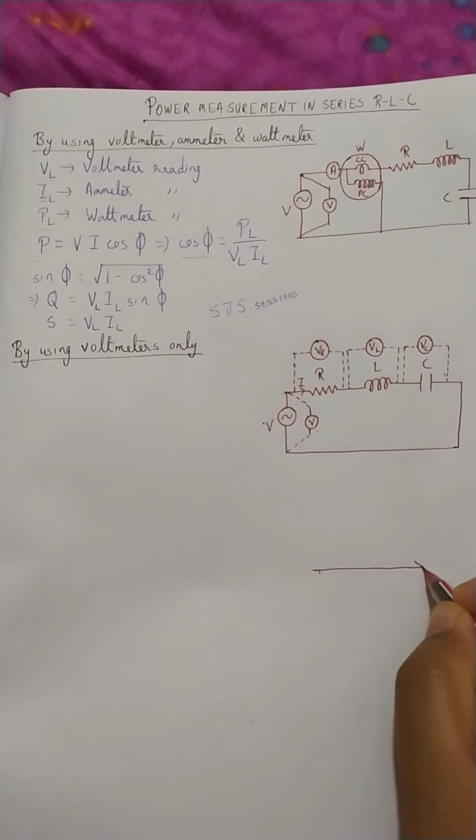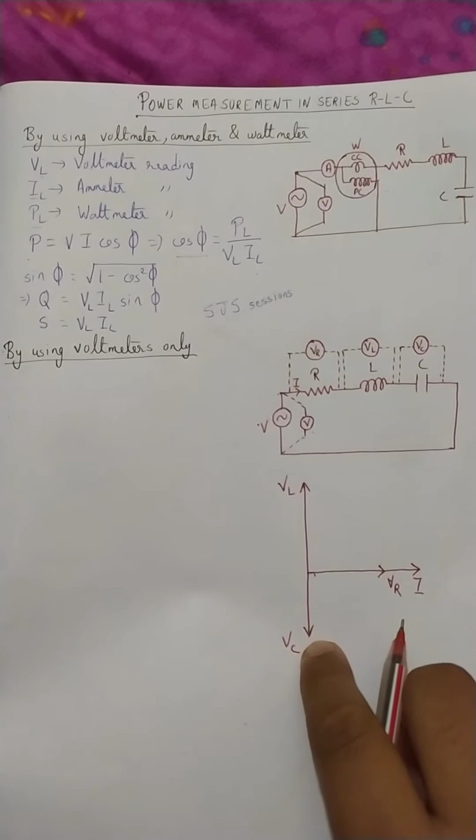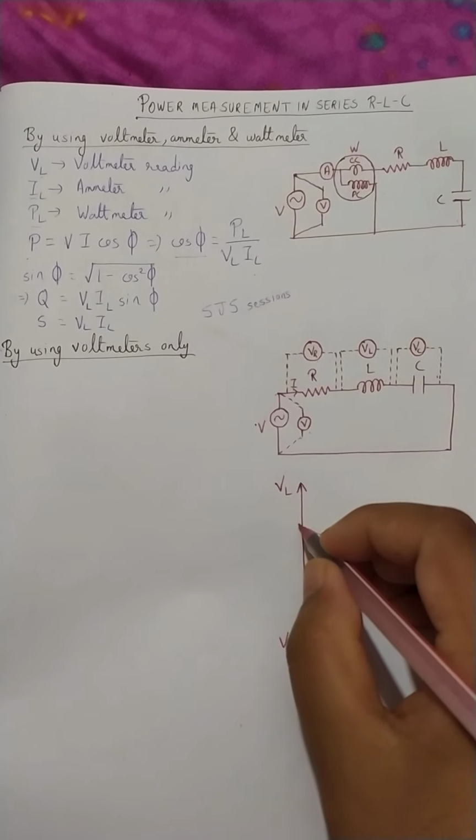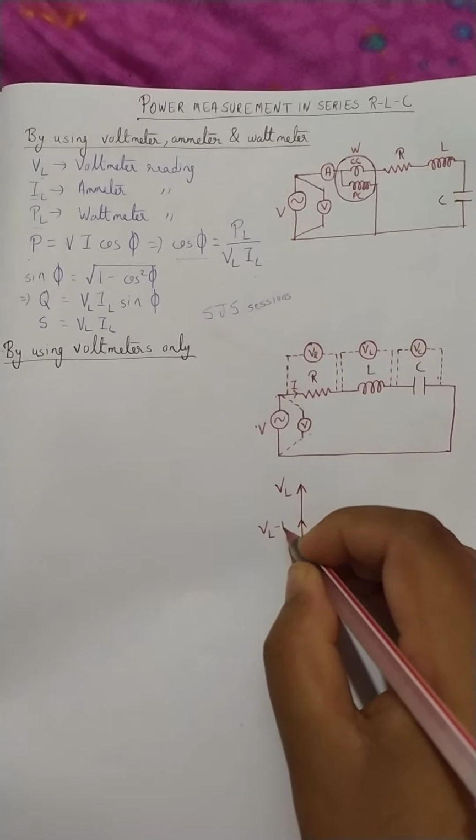And we are measuring VC. VC would be lagging the current, because in a capacitor the current leads, so the voltage lags. Let us suppose VC is of lower magnitude. This is the value of VC we are getting. You can see VL and VC are opposite in direction, so the resultant is VL minus VC. For the sake of simplicity, I have assumed that VL is higher than VC.